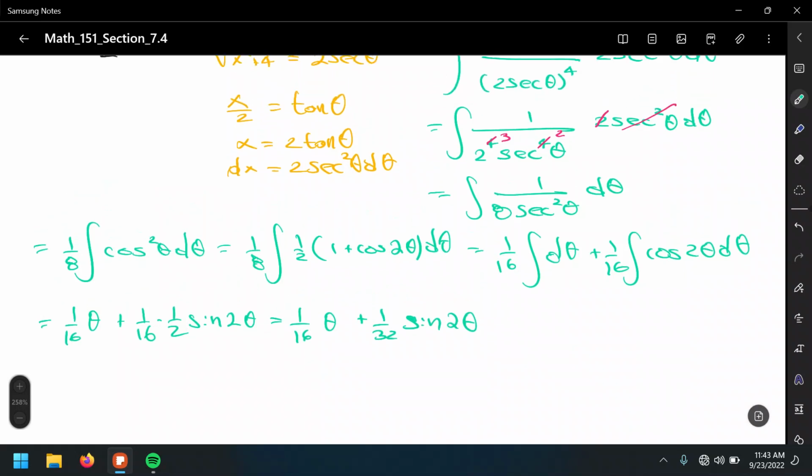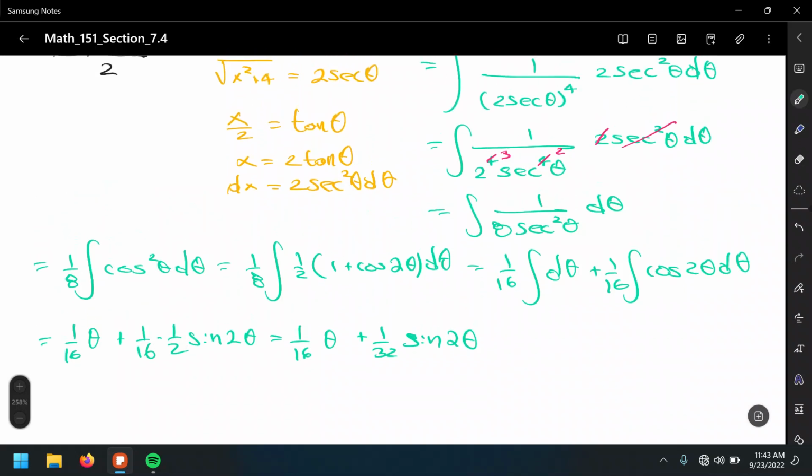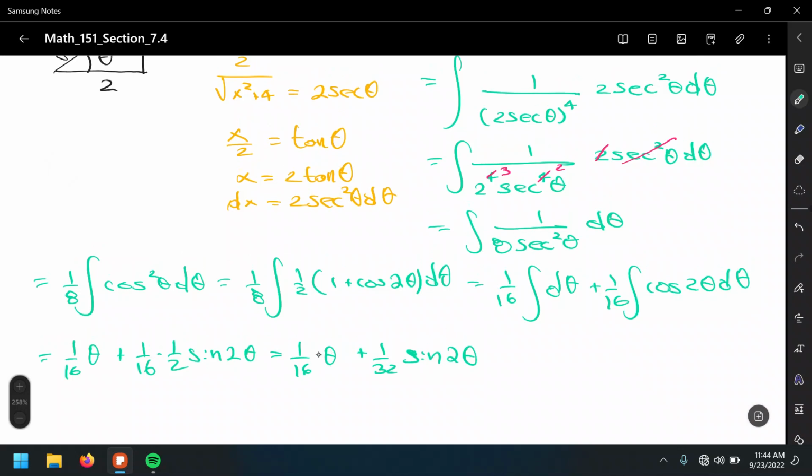So we're done solving the problem in the world of theta right here. Alright? We need to go back to the original world, to the world of x. Okay, so we need to back substitute for theta from our substitutions here. We can do this using this equation here. Solve for theta, that's equal to arc tangent of x/2.